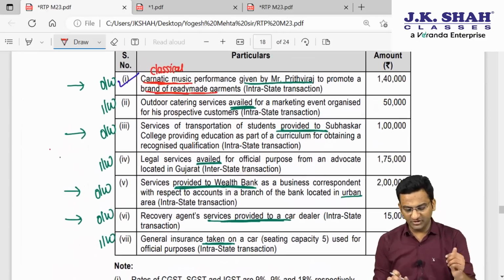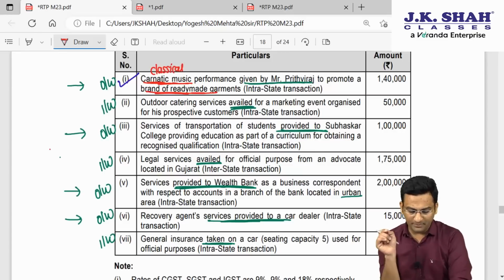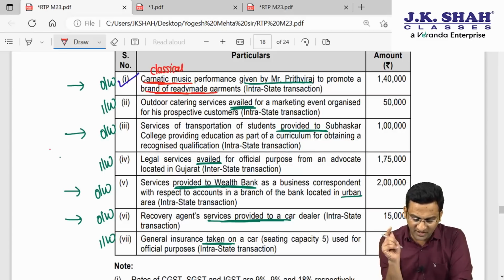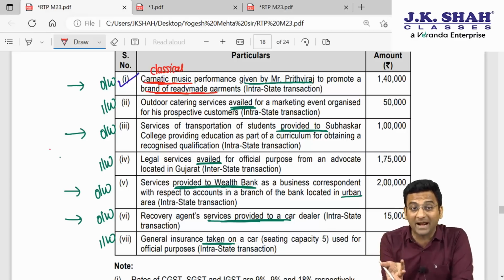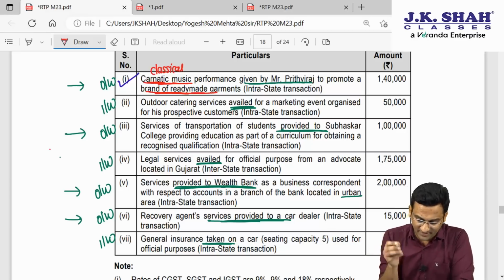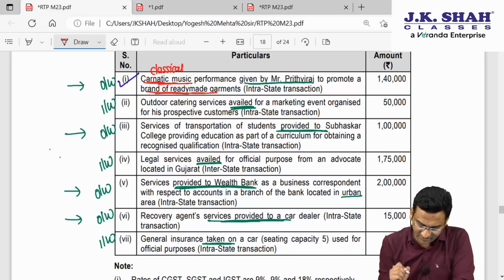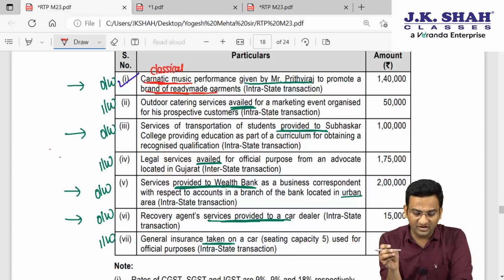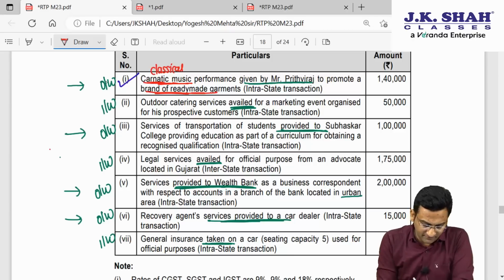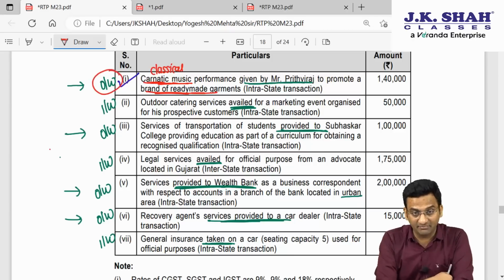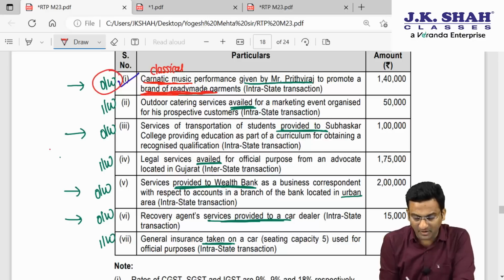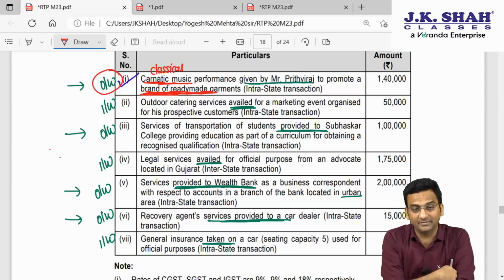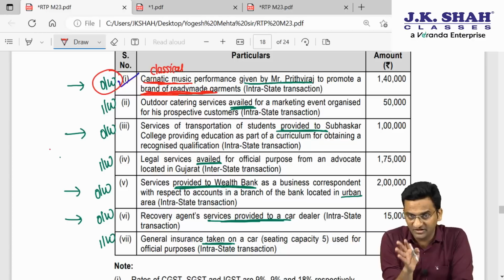So friends, in this question, the Carnatic music performance given by Mr. Prithviraj is an outward supply to promote a brand of ready-made garments, and the transaction is an intrastate transaction. My question to all of you is whether this outward supply is exempted because the consideration is less than 1,50,000, or whether, since he has promoted the brand, it will be taxable even if the consideration is less than 1,50,000.